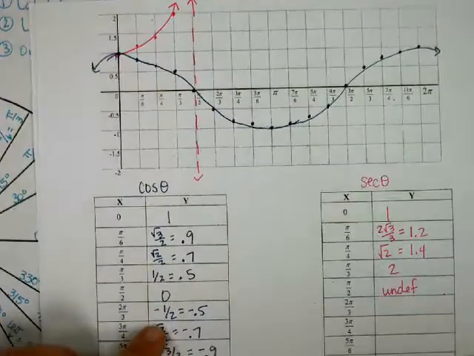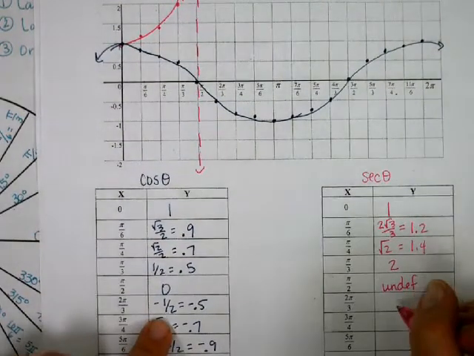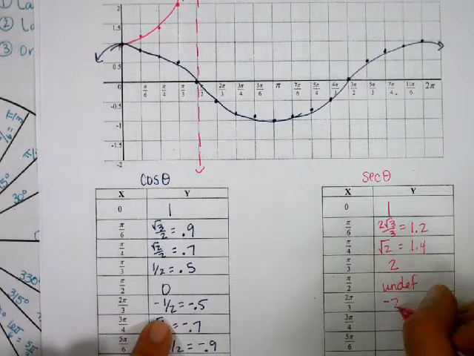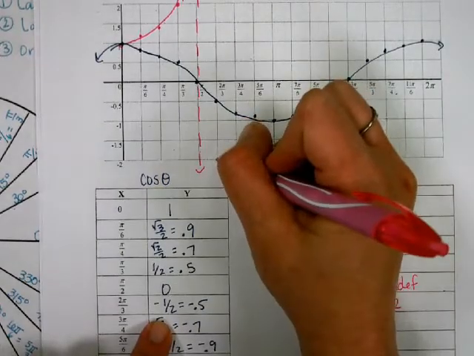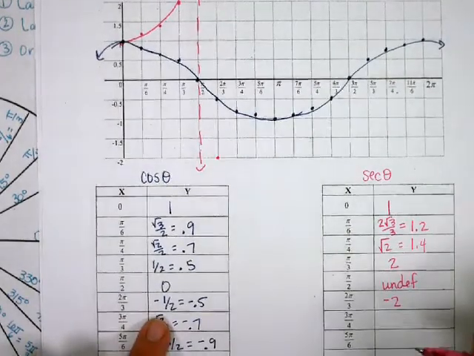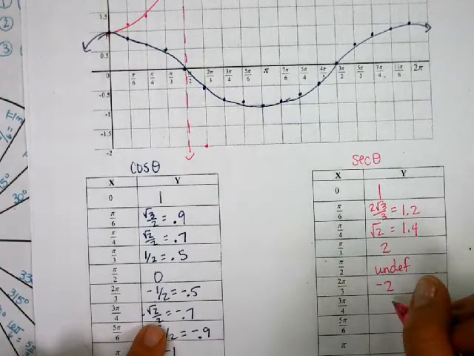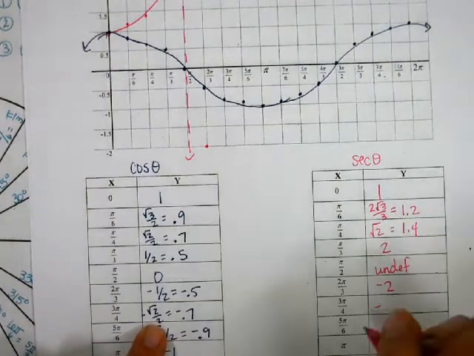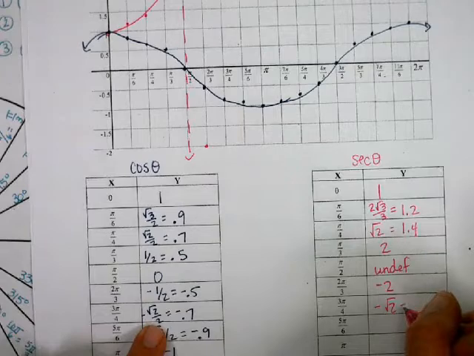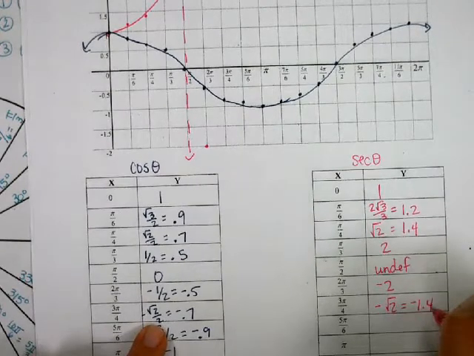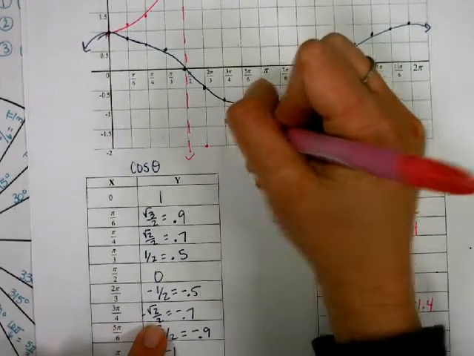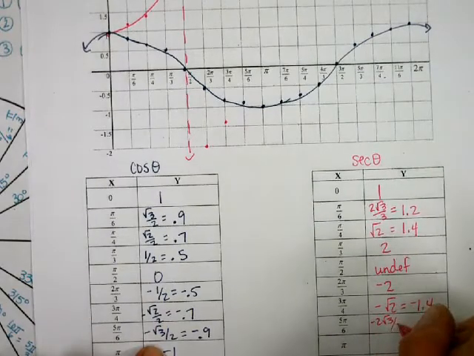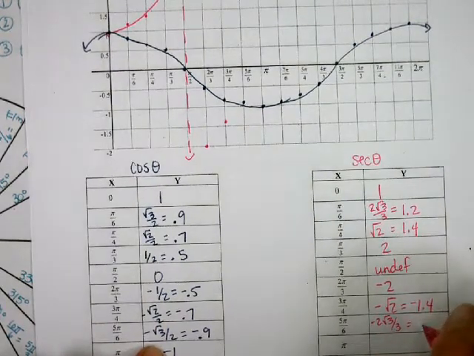Okay, 2 pi over 3 would be negative 2. 3 pi over 4 would be a negative root 2. So negative 1.4. 5 pi over 6, negative 2 root 3 over 3, or negative 1.2.